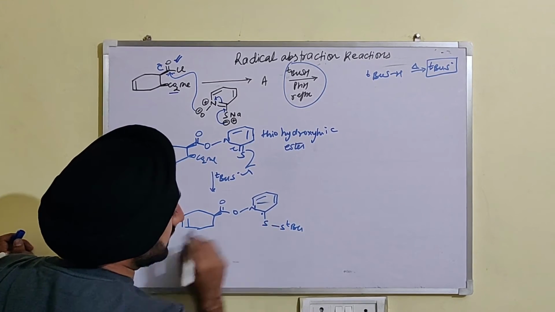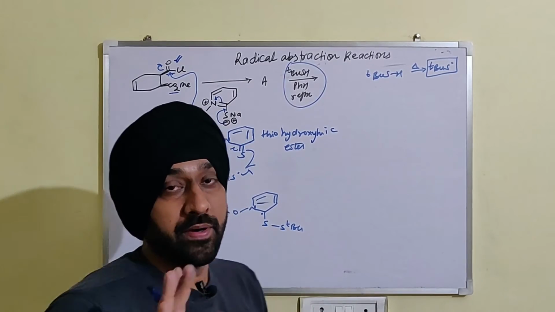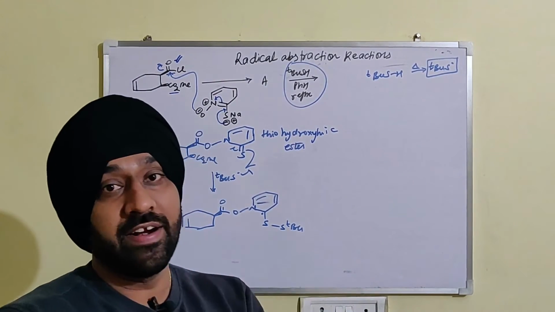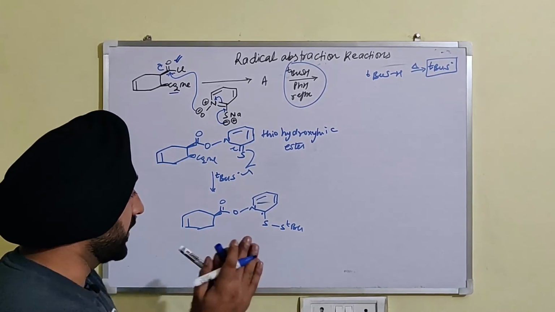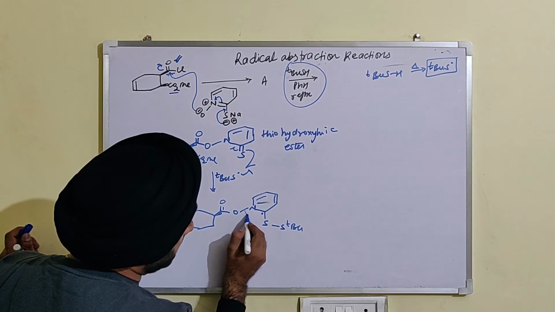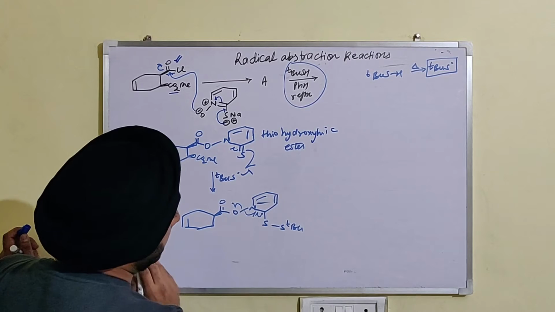Now you have a radical at this particular position. Just like the first case, if you remember how in the case of benzoyl peroxide a benzyl radical is generated, this is exactly what is going to happen here. Once we have a radical here, this bond is going to come here, and this will generate this radical.